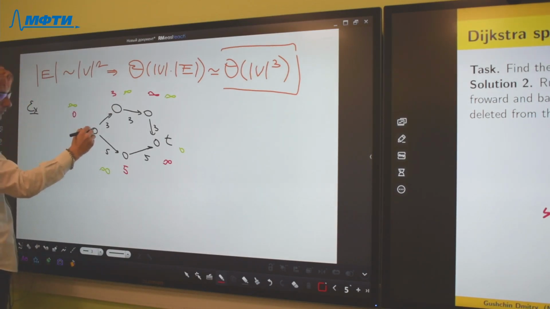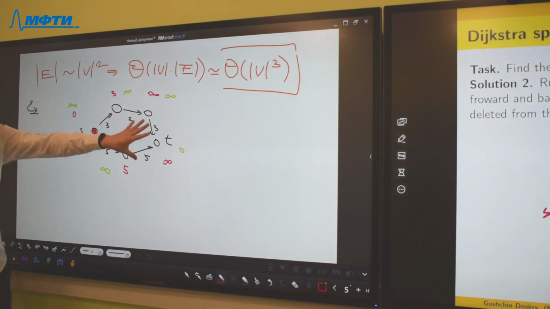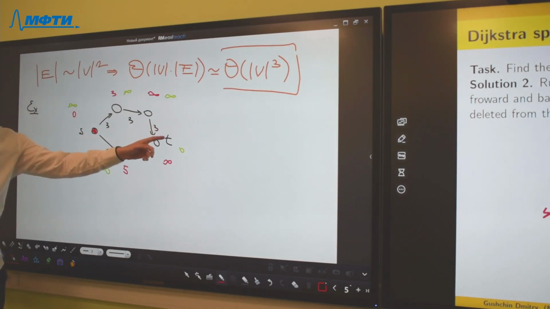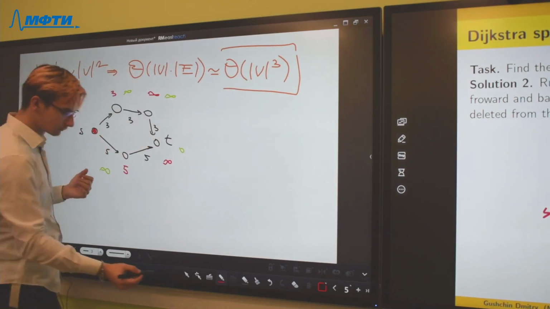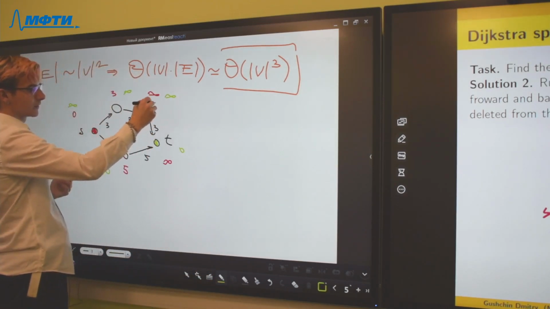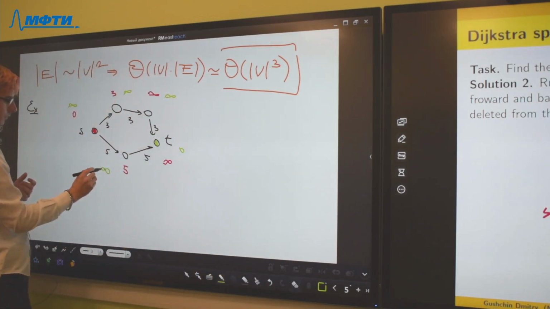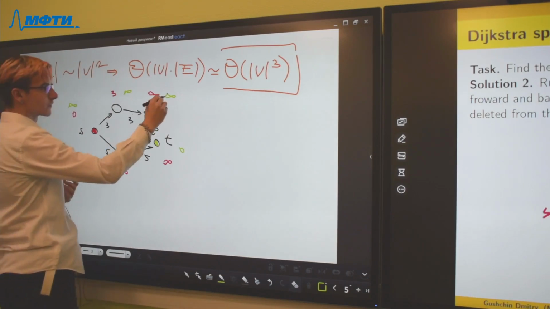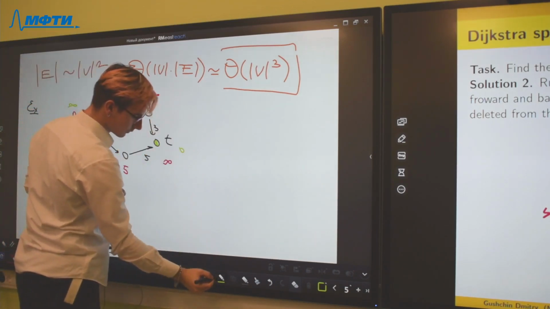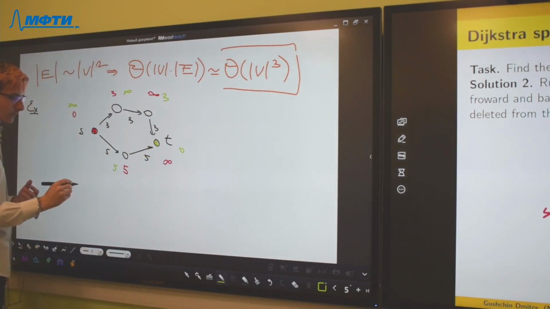We terminate this vertex, extracting it from the queue. Then we extract this vertex from the queue of the backward algorithm, relax this edge and this edge, and change these distances: 3 and 5, 2.